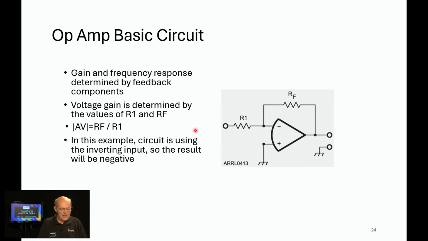So the voltage gain is determined by these values. In this case, the circuit is using the inverting input, so the result will be negative. So if this goes up by 1/10 of a volt, this will go down by some amount of voltage, depending upon the gain of the circuit and determined by the ratio of these two resistors. If that sounds scary, it isn't. I'll show you why.